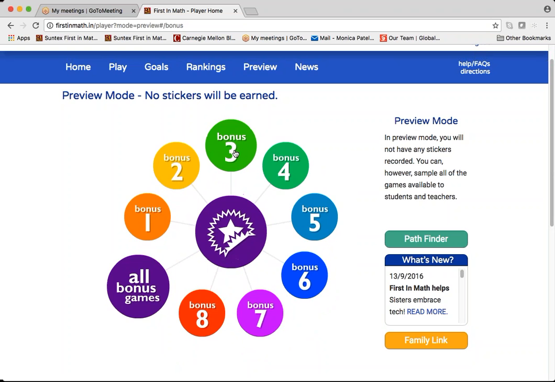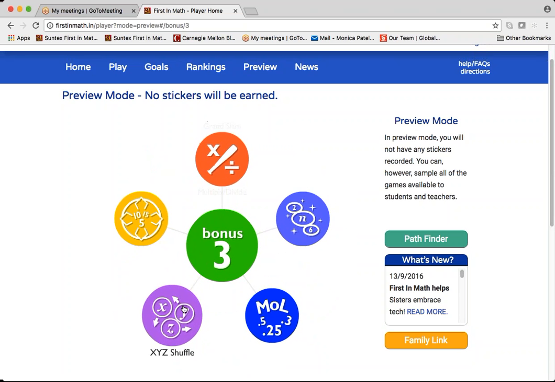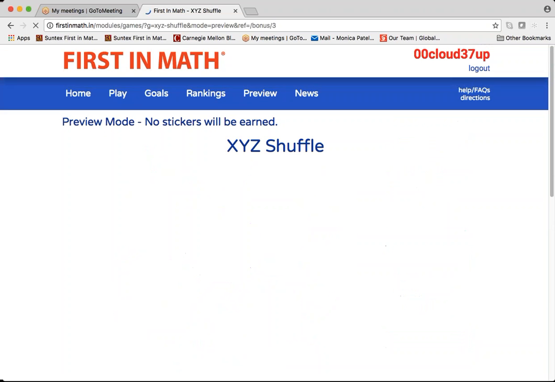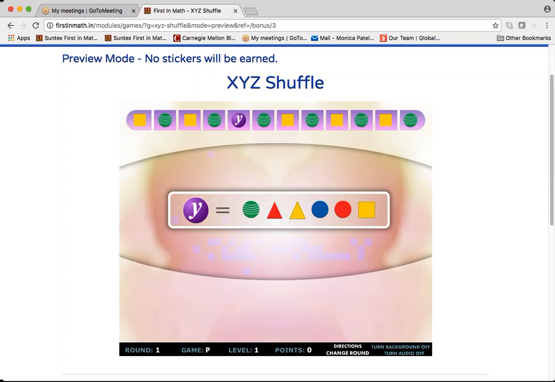One of the concepts to model is the concept of XYZ shuffle. And you all have watched Bob do this, but I can show this to you, where it starts with a simple pattern of two different shapes, a square and a circle of two different colors, yellow and green with wavy lines, okay?